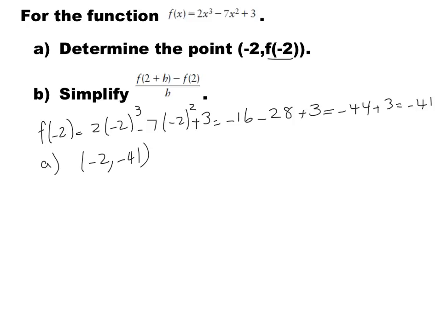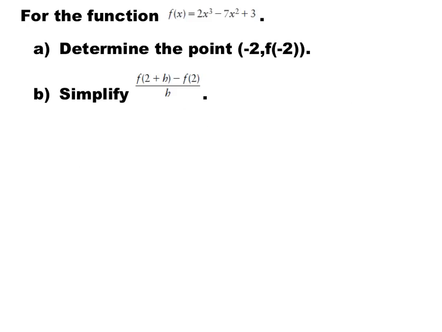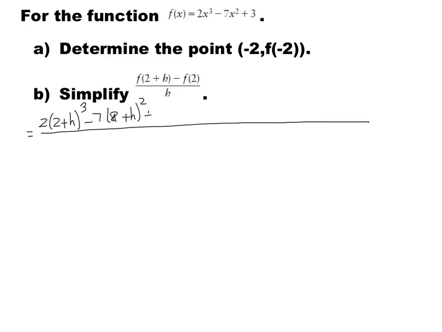Now we have to find f of 2 plus h minus f of 2, divided by h. Now for the second part, we have to find f of 2 plus h minus f of 2, over h. So this ratio becomes 2 times x cubed, which is 2 plus h cubed, minus 7 times 2 plus h squared, plus 3.